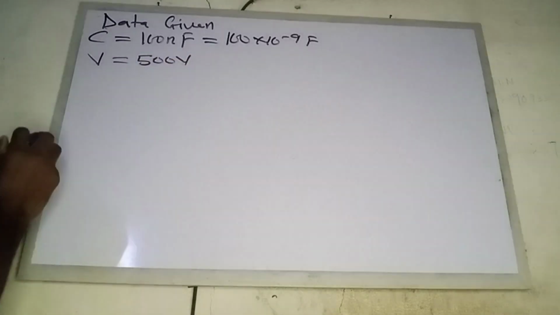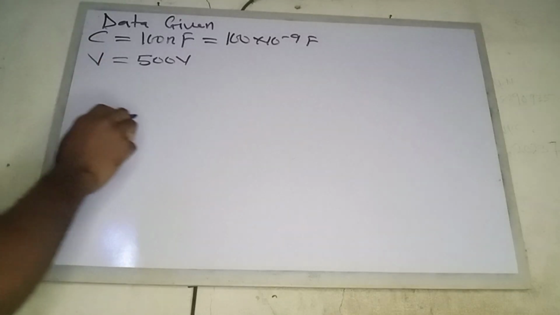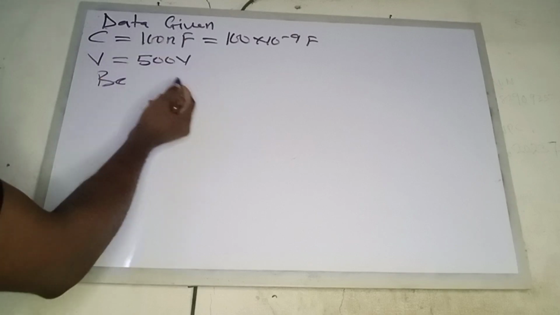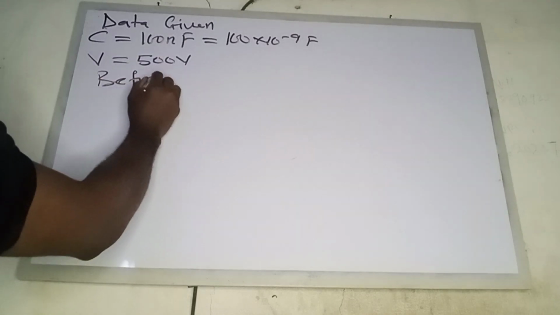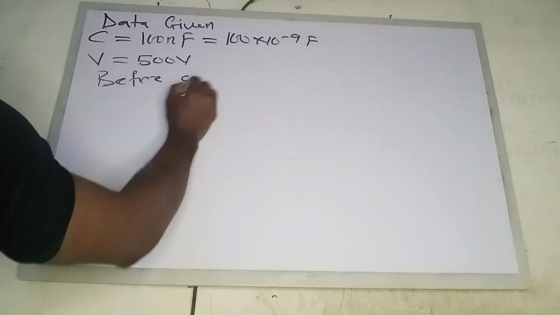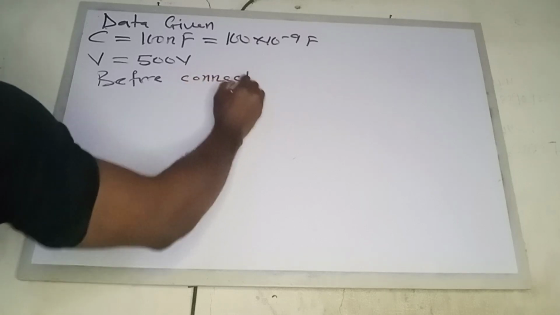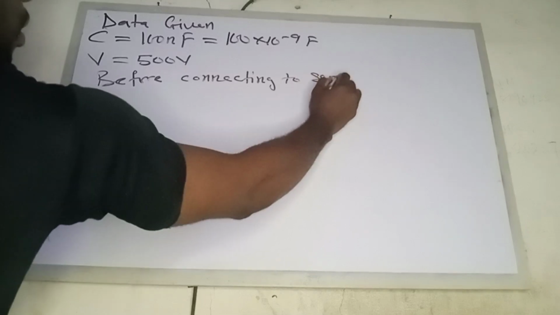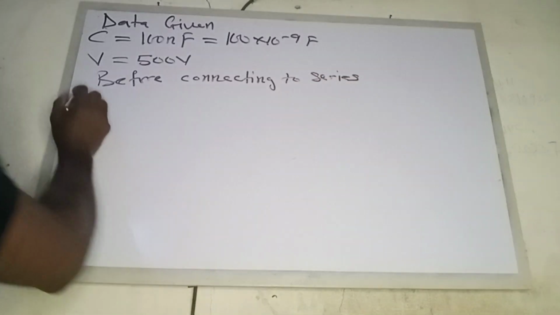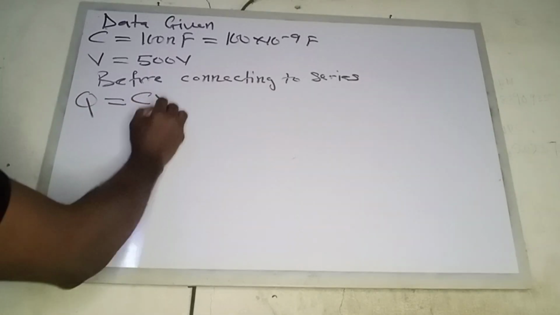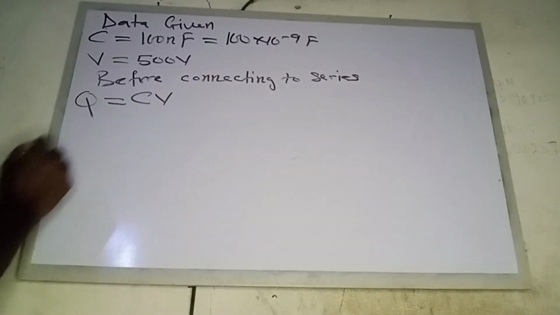So before connecting in series, our charge is equal to CV.